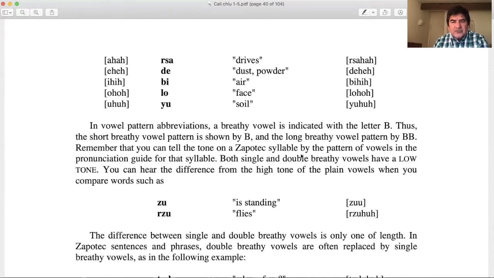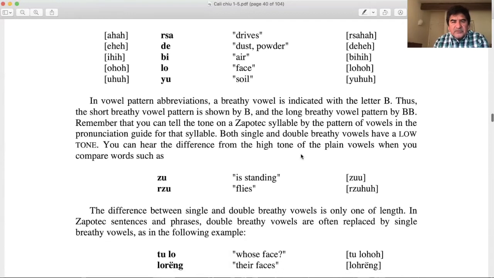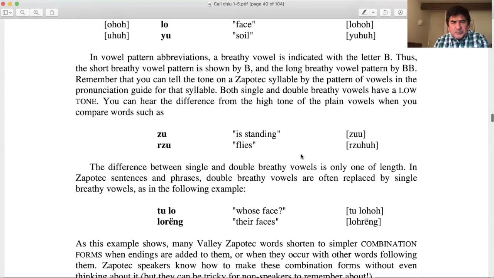So I hope that you can hear that pattern with the one breathy word and then two breathy words, as I just pronounced them, going from one breathy vowel and then the other one with the longer breathy vowel.